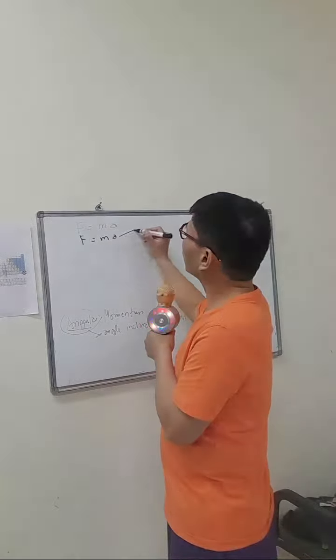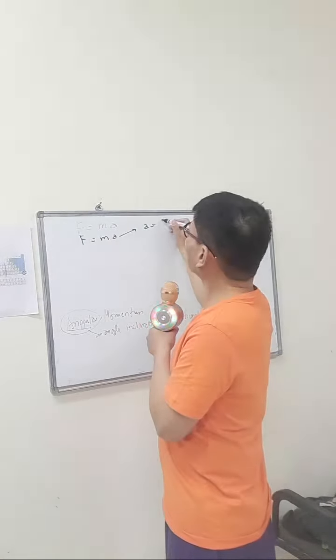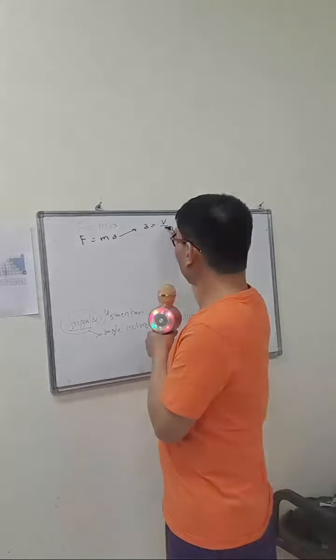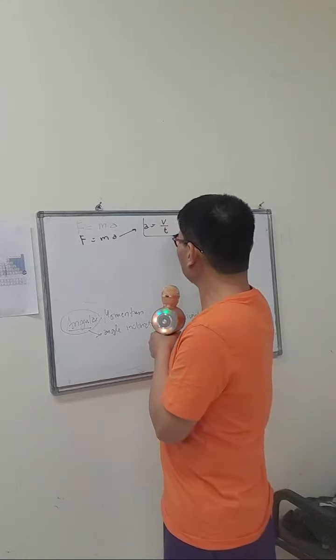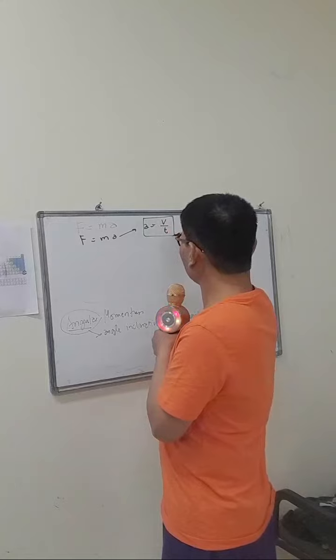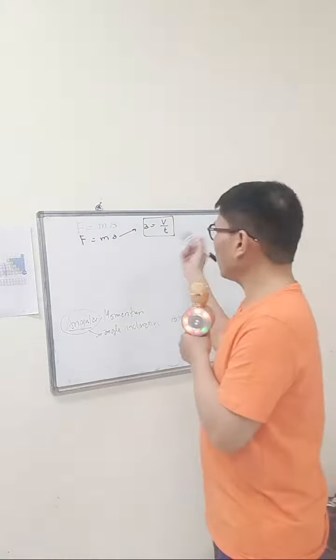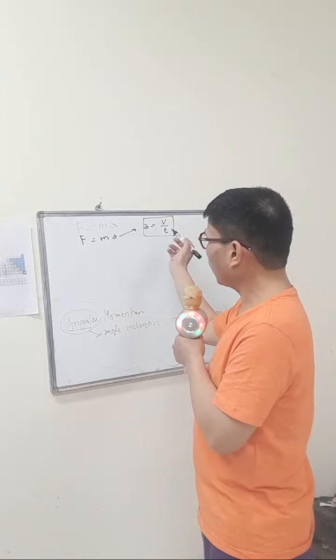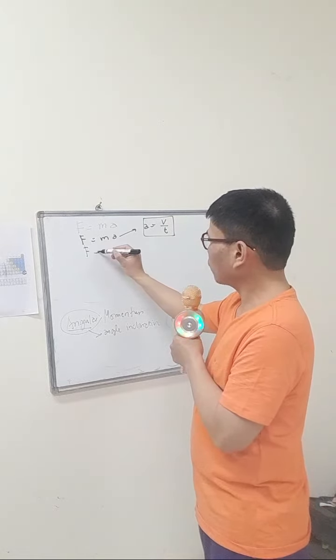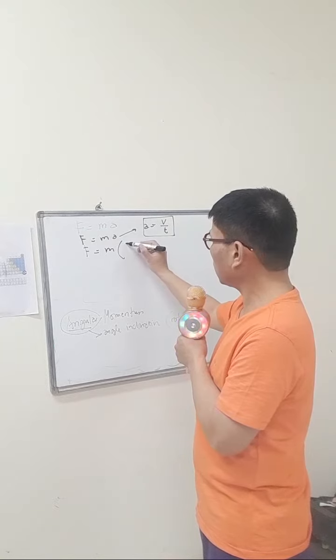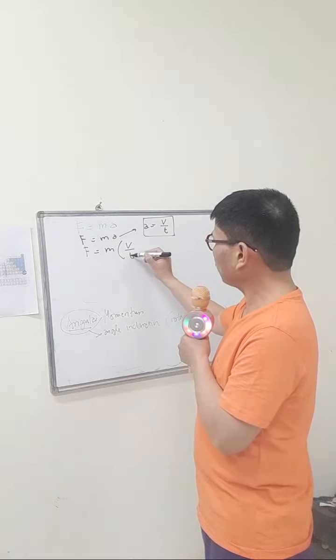Since acceleration is equals to the velocity over the time, right? Okay, this is acceleration. You get the point. Now we will substitute into the second law of Isaac Newton: force is equals to mass times velocity over the time.